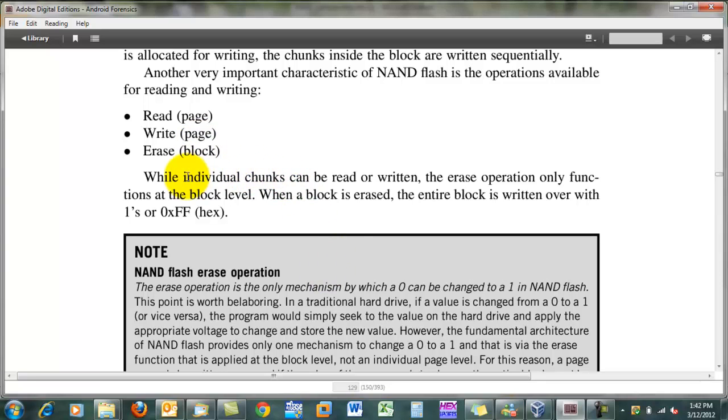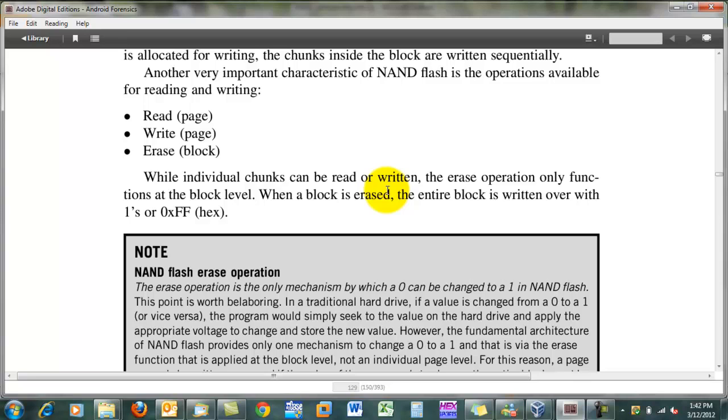The only operation you can do for erase is at the block level. And when a block is erased, the entire block is overwritten with binary 1s, or 0xFF in hexadecimal. So if you want to erase, you must erase a block. You cannot erase a page.